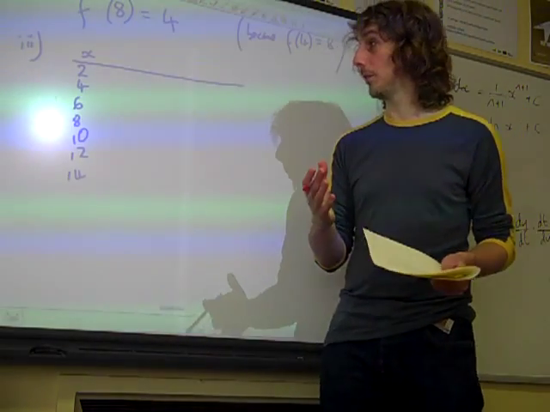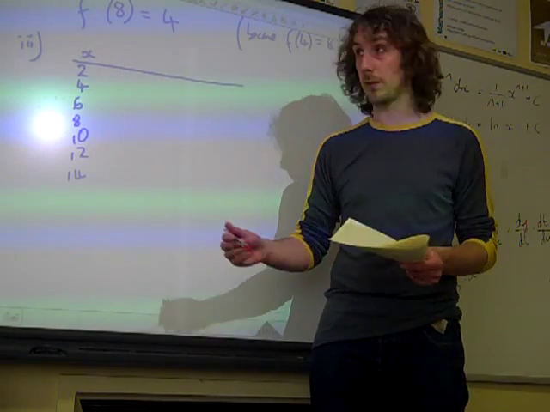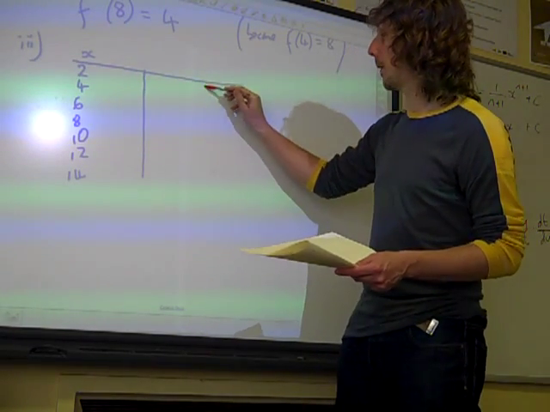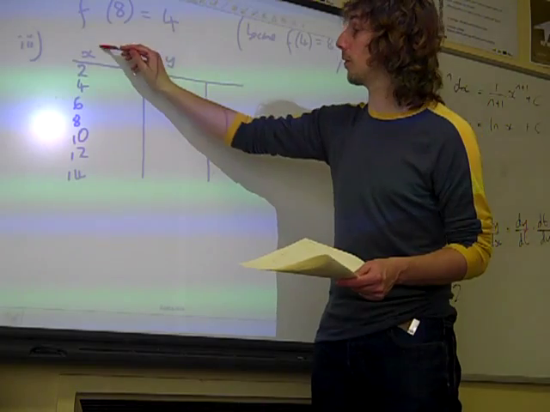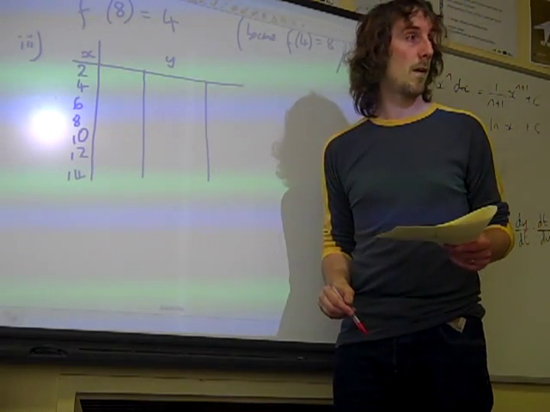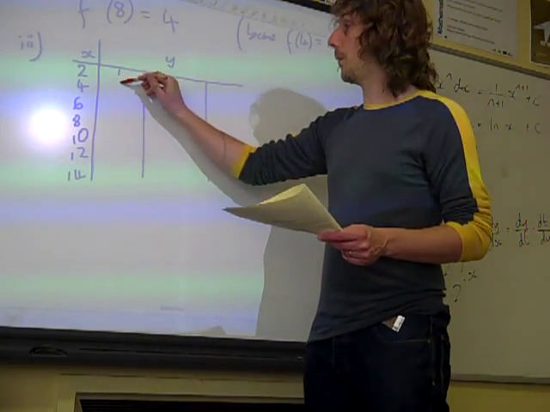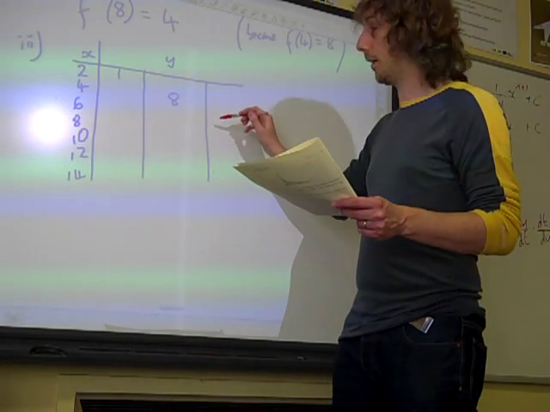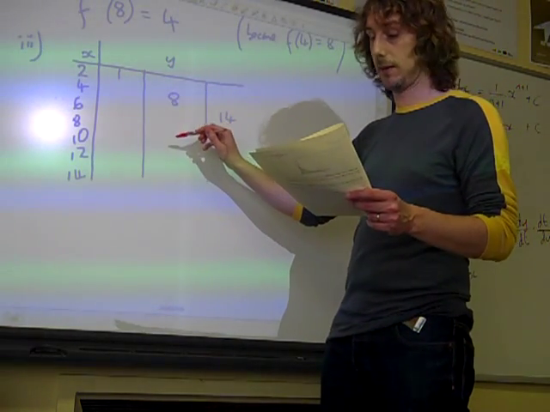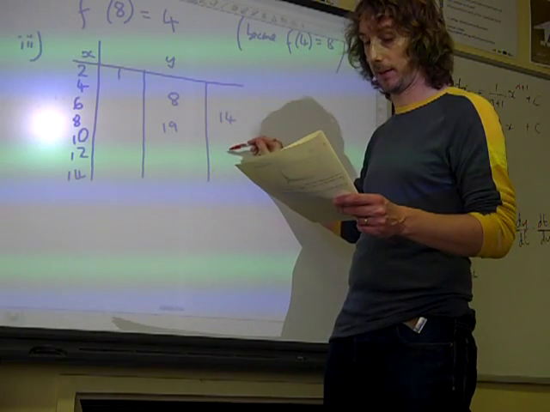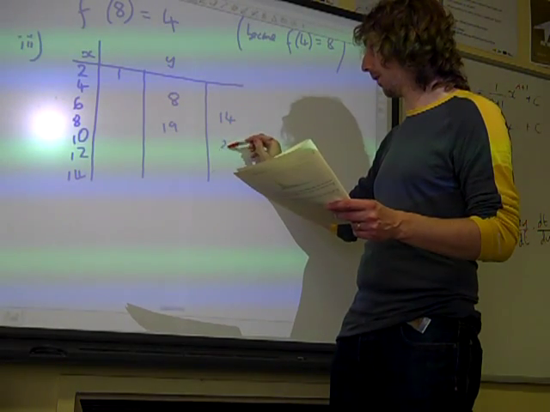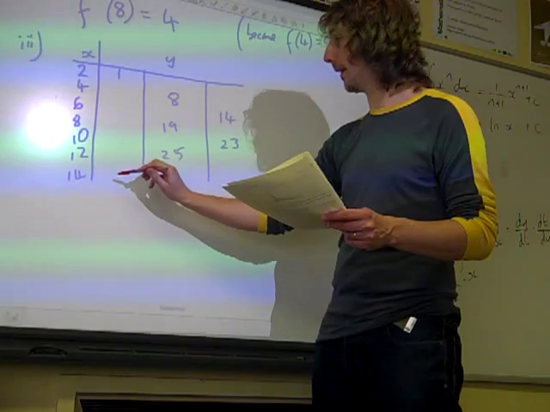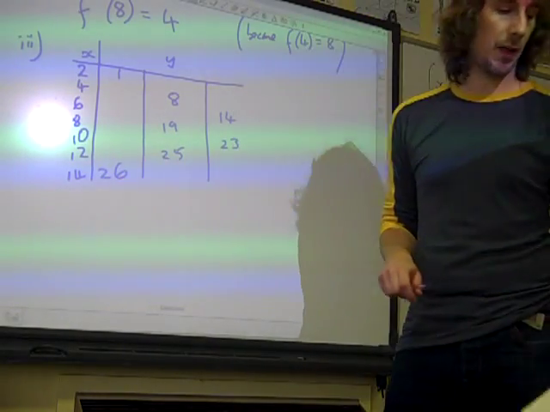There are our 7 values. 6 strips, so we must have 7 values, and we're used to putting them into 3 columns. So we've got 1 and then 8. Remember, you have this pattern: 14, 19, 23 is there, 25 is there, and then 26 down there.